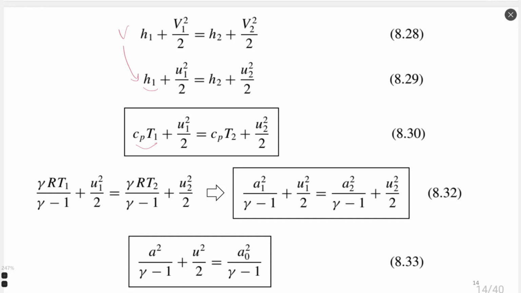This equation we will use in the future several times to elaborate different concepts in compressible flow. Why is this equation 30 so important? First of all, because it relates two points in space: where we know parameters, for example the inlet, and where we would like to calculate parameters.